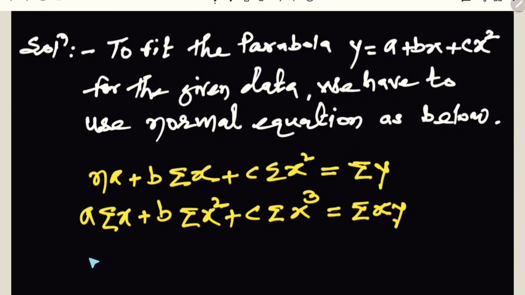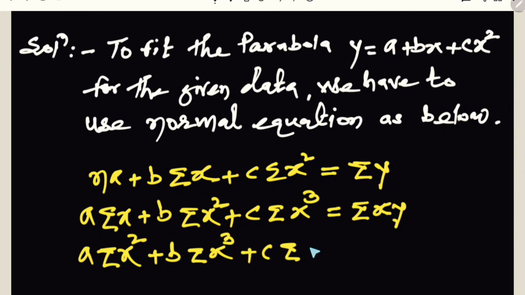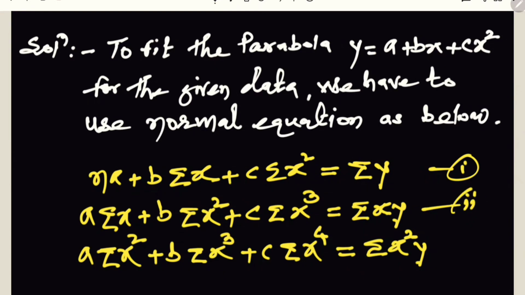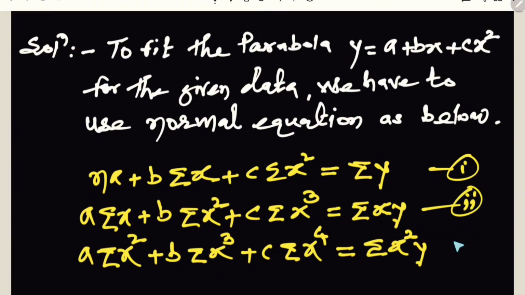And the third, a into summation of x square plus b into summation of x cube plus c into summation of x raised to 4, and that is equal to summation of x square y. Therefore, these are the three normal equations to obtain the best fit parabola.